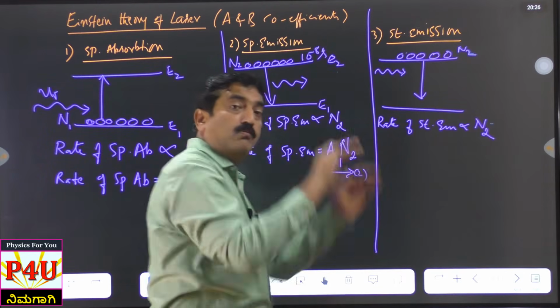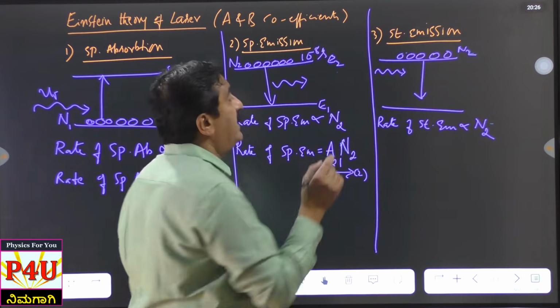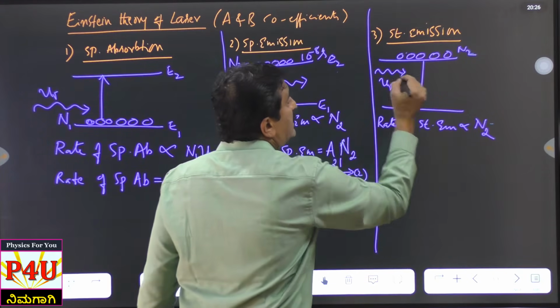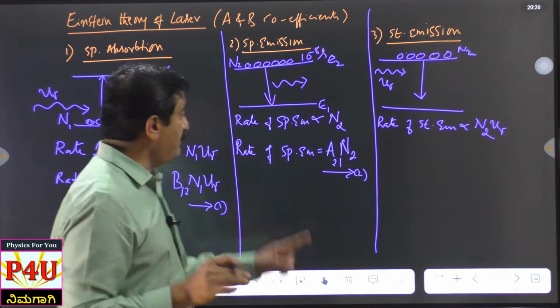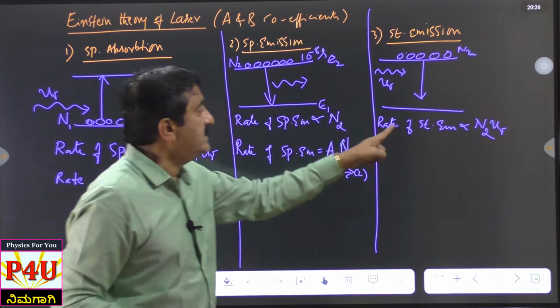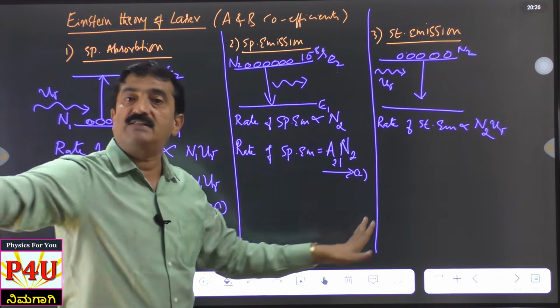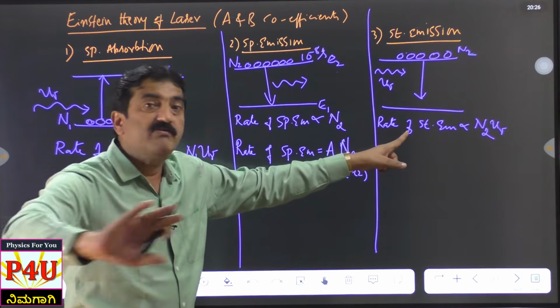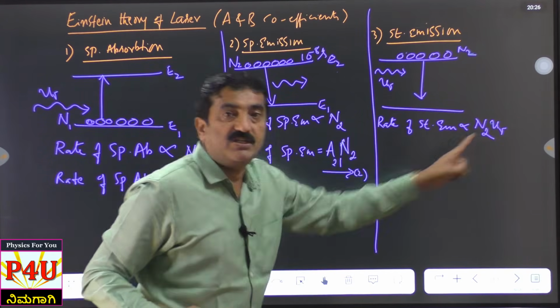More atoms, more stimulation. Fewer atoms, less stimulation. Plus it also depends on the energy of this radiation, that is N2 U gamma. See the major difference between this and this case. This depends on the number, this also depends on the number, but this will happen on its own. Nobody's support is required, but this will not happen on its own. Somebody's support is required. That's why we have this term.